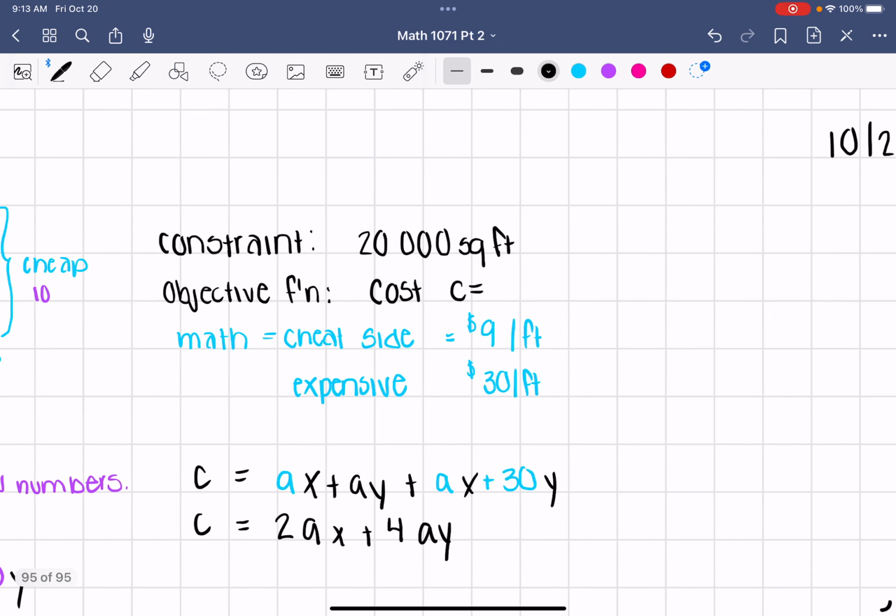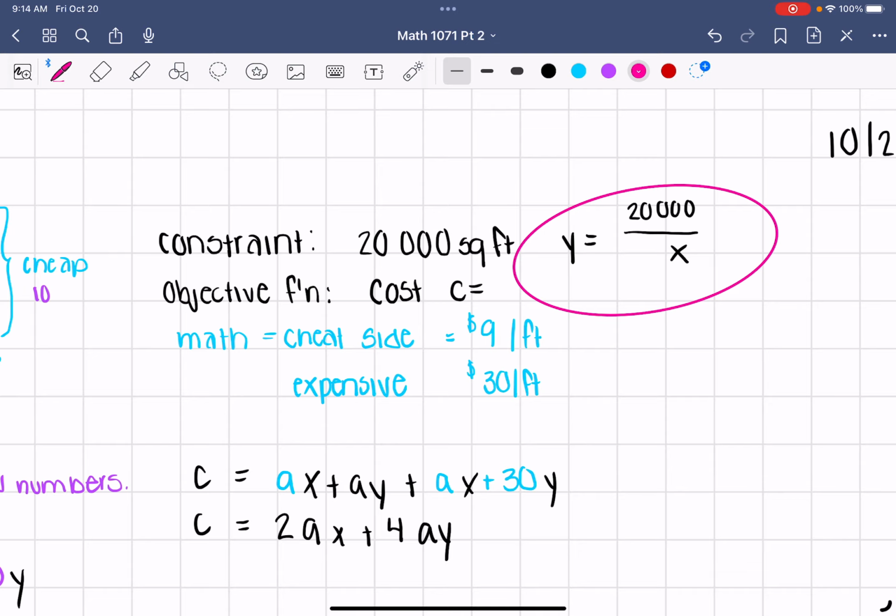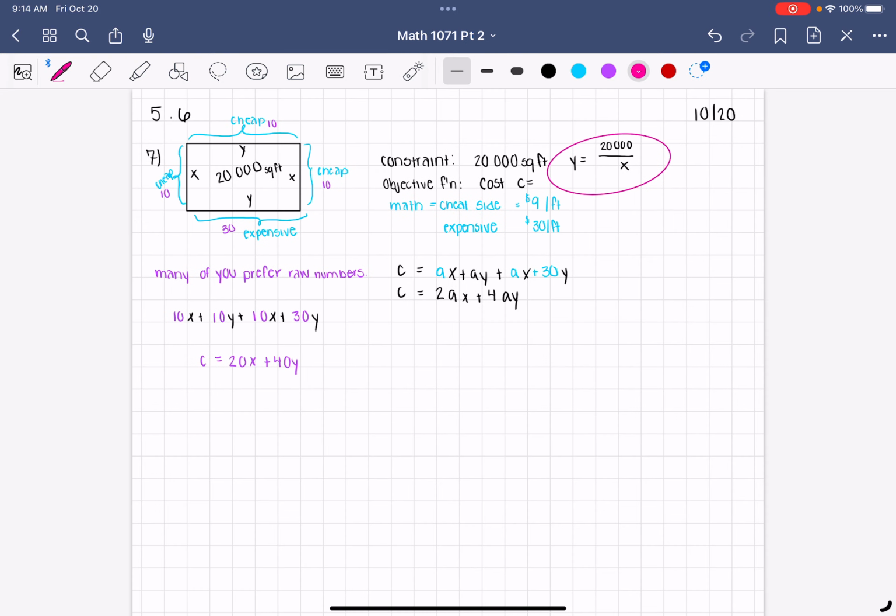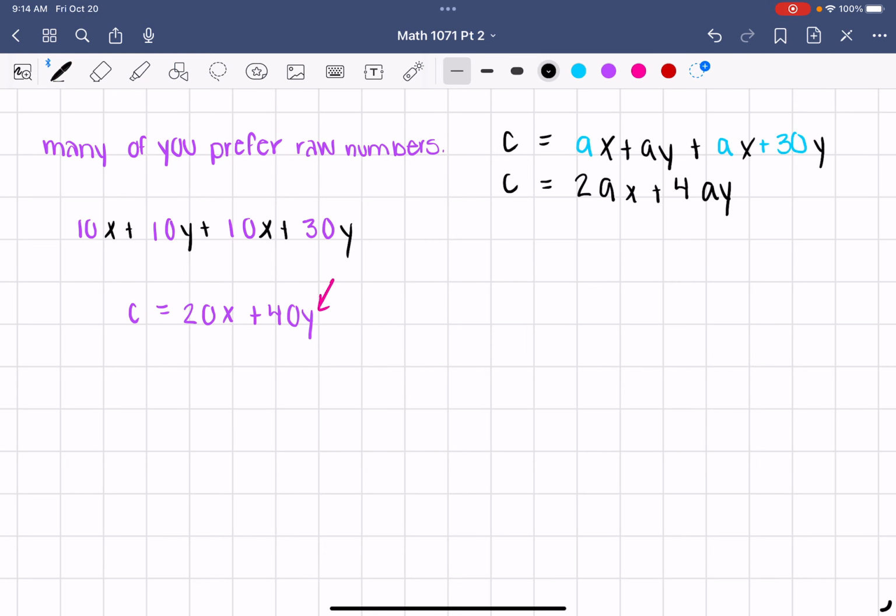Use your constraint to find y in terms of x, and then stick that expression for y into there. And so now your cost function as a function of x is 20x plus 40 times 20,000 over x. Or you can do the arithmetic. 4 times 2 is 8 with 1, 2, 3, 4, 5 zeros.